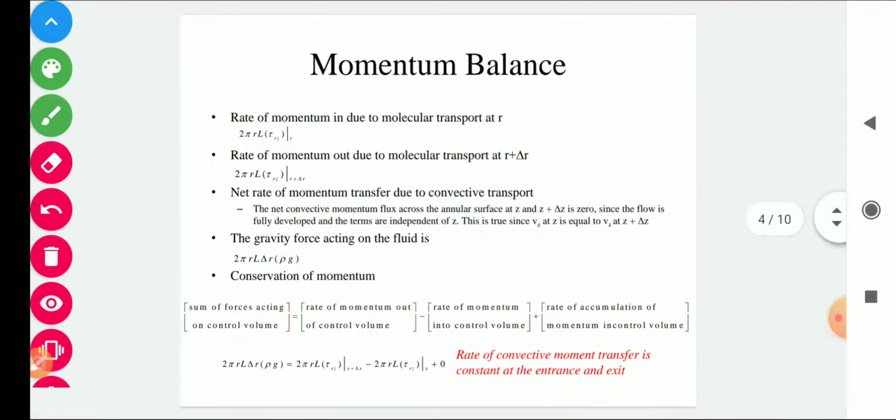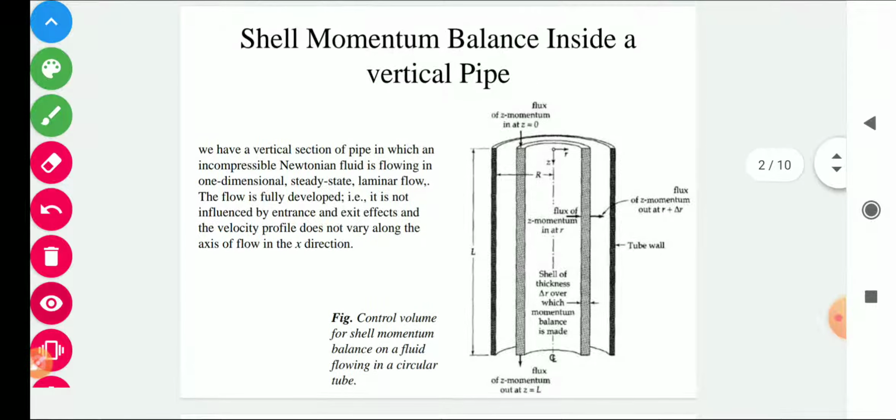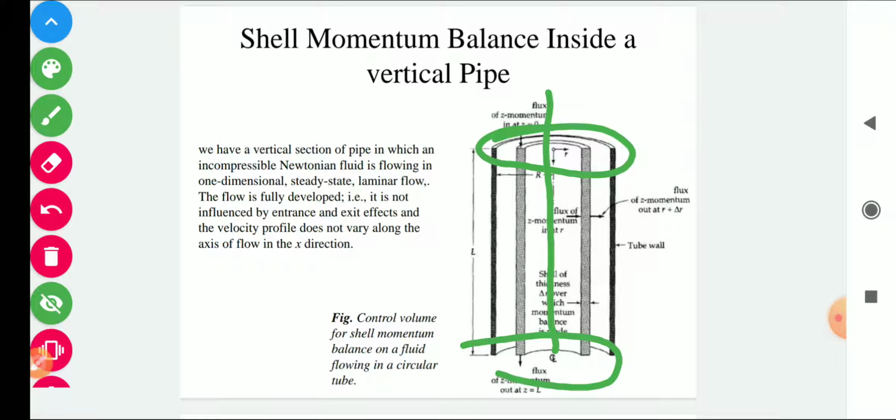Again, we have considered that the fluid is fully developed and there is no variation in velocity along the Z direction. So whatever convective momentum transport at the entrance will be equal to the convective momentum at the exit. So the net momentum transfer due to convective force will be 0.